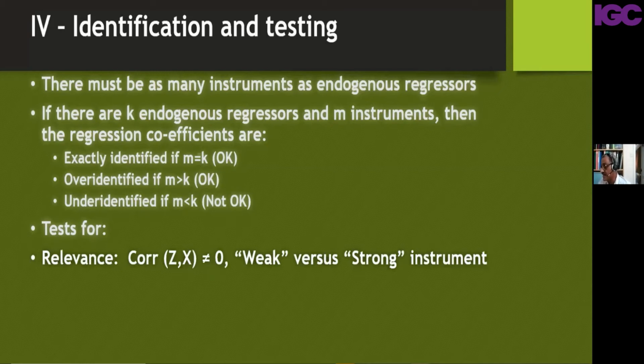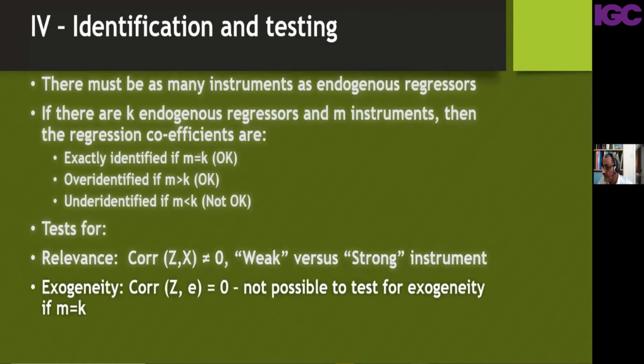That means Z does not really predict much of the variation in X. So you have a test for whether an instrument is weak or strong. Then you can also test for exogeneity. That is, is the correlation between Z and the error term equal to 0? The only point to note is that it is not really possible to test for exogeneity if m is equal to k.